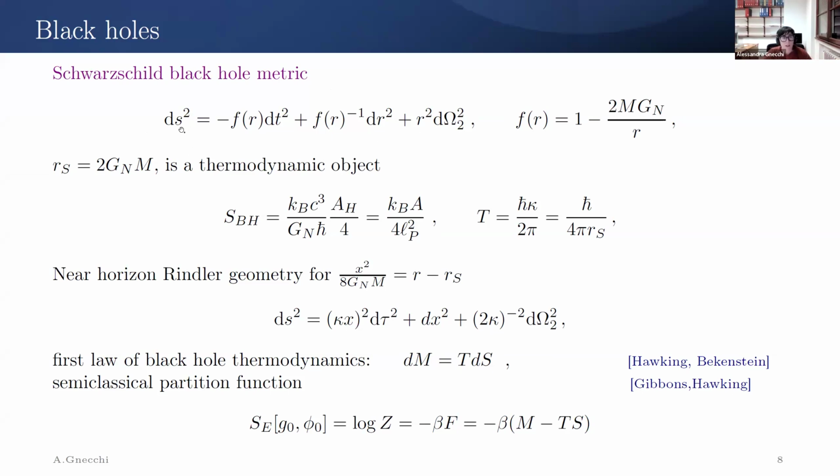When I say a metric, a gravitational system is described by a configuration in space-time. Flat space is a trivial configuration. It has a flat metric. We can choose our favorite coordinates for it. However, Schwarzschild has a non-trivial metric. This is expressed as a line element.